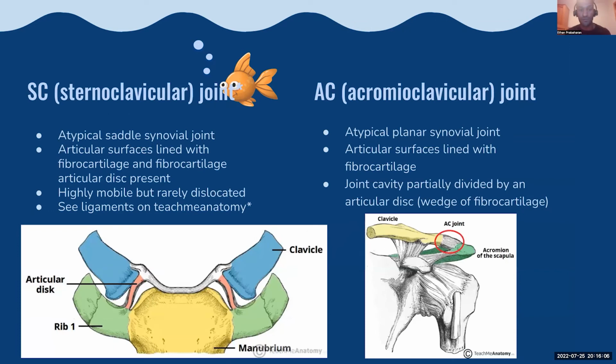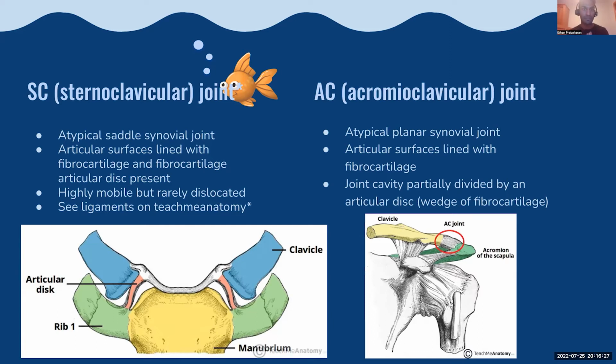Okay, so two joints that we need to consider, and two joints that are relevant to the clavicle, are the SC and AC joint. SC standing for sternoclavicular and AC standing for acromioclavicular. And this describes the two attachments of the clavicle, one to your sternum and the other one to the acromion of the scapula.